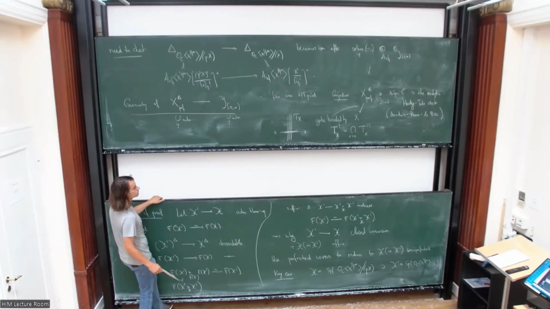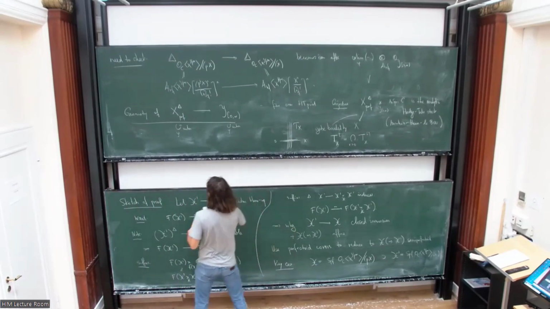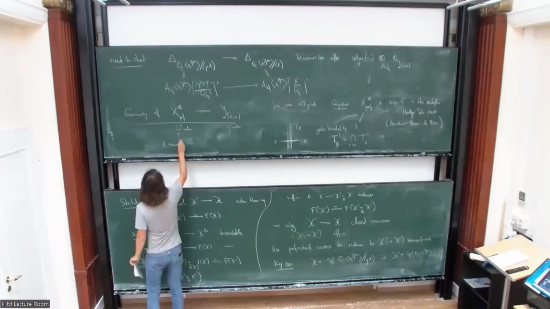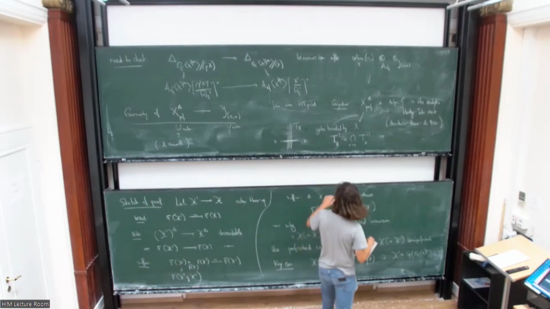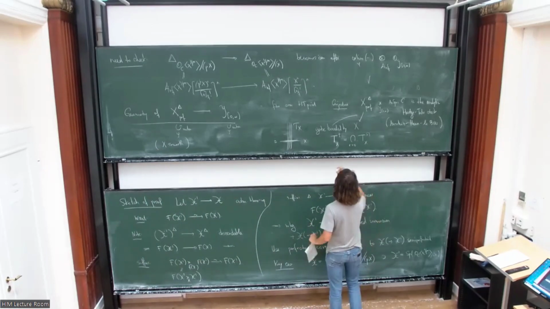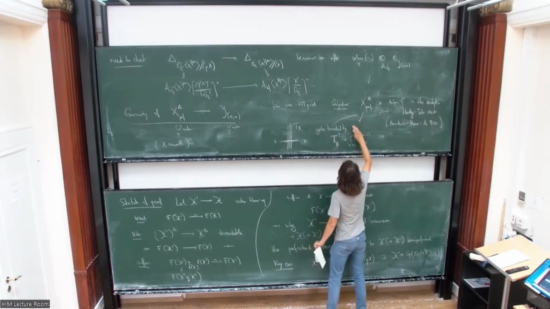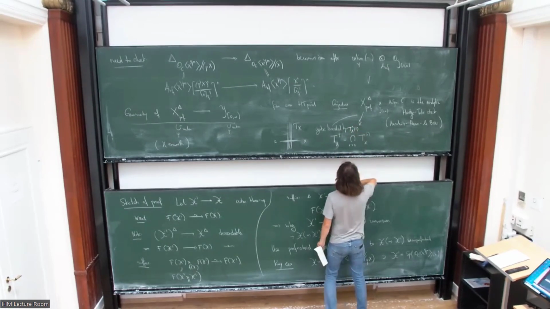So I guess X is smooth. Oh yeah, X is smooth. Sorry, and this, but I should twist it by 1.